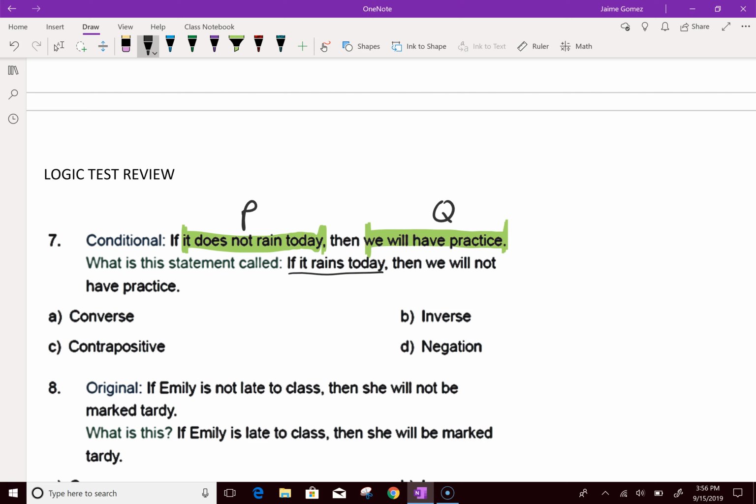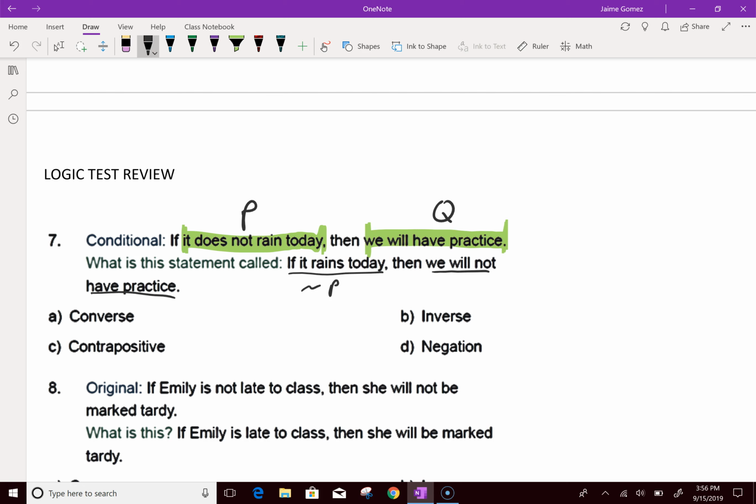So if it says do not rain, now it says it does rain, what do? You have to think about it. If it says first it does not rain, now it says it does rain, that's the opposite. They did opposite P. Then we will not have practice. It says we will have practice. So what does that mean?